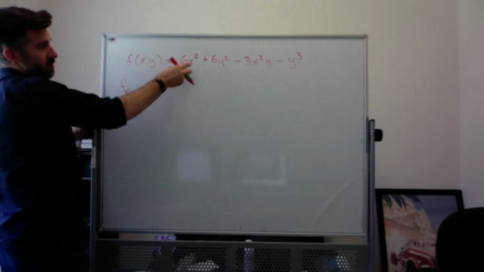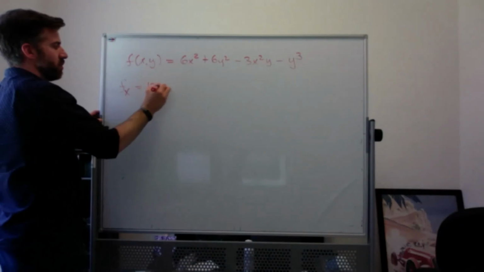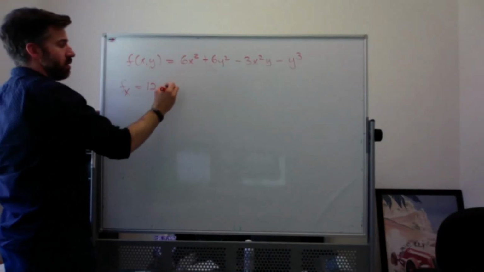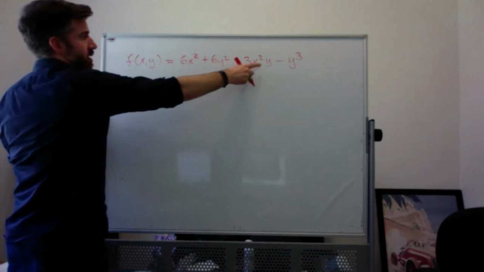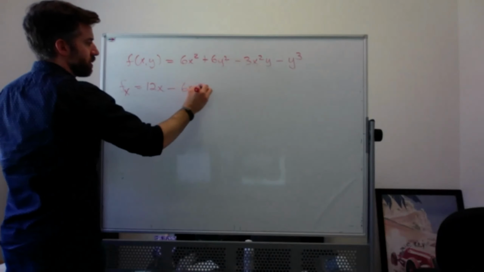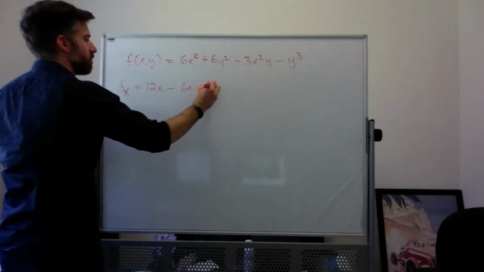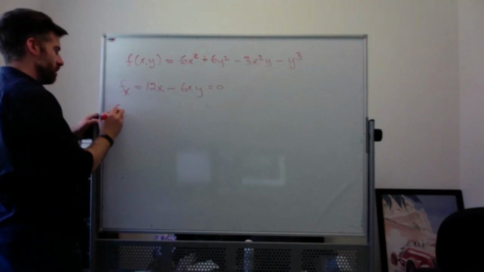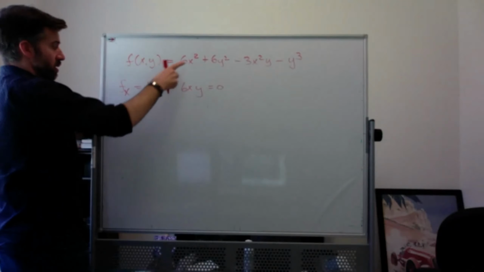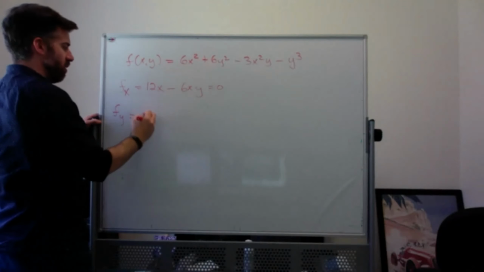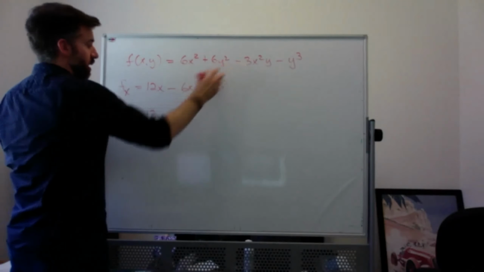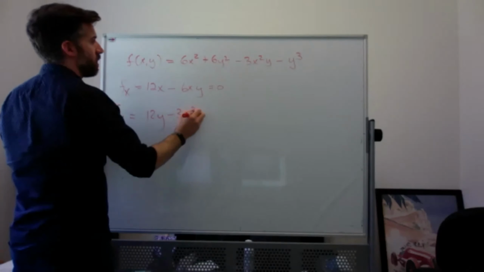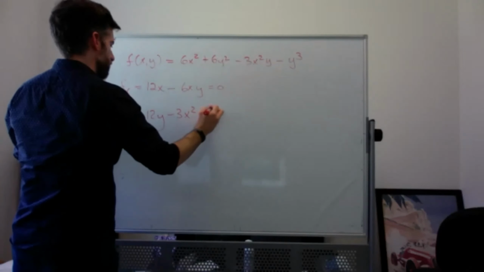So we're going to do partial with respect to x. So the derivative here is 12x. Derivative here is 0. Derivative here is 6x times y. Derivative here is 0. Similar deal here. 0, 12y, negative 3x squared, minus 3y squared.